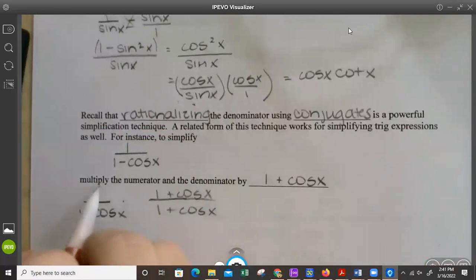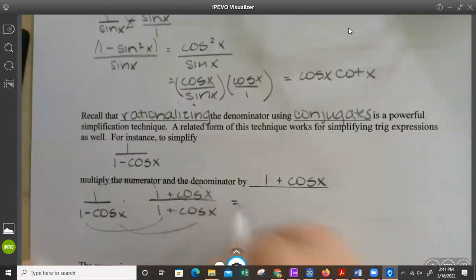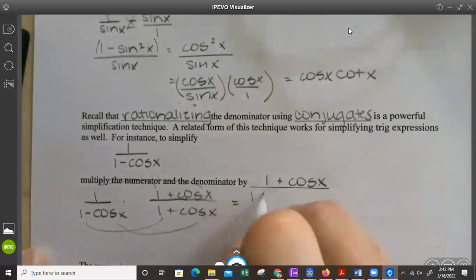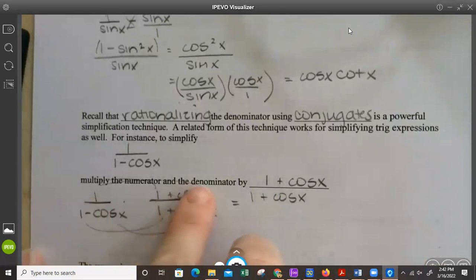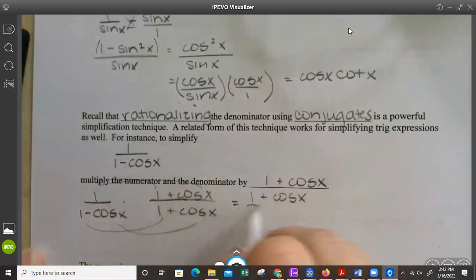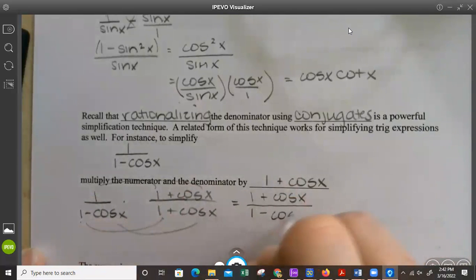On the top, you'll distribute the 1, and on the bottom, it's just the outsides. So what am I going to have on the top? Nope, just cosine. 1 times 1 is 1. 1 times cosine is cosine. On the bottom, 1 times 1 is 1, negative times a positive makes a negative, cosine times cosine is cosine squared.